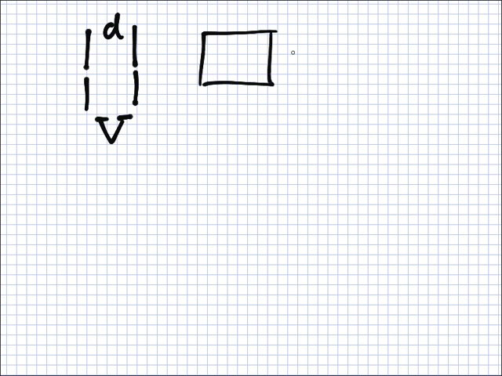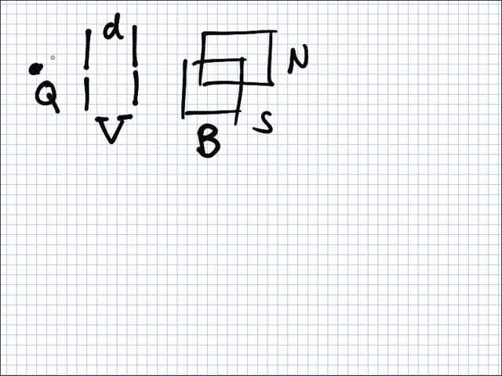So stage 1, we have to accelerate it in an electric field. So we'll say it has voltage V and a distance D. And then stage 2, we have to put it through a magnetic field, north-south, and we'll say that this magnetic field has a flux density of B. So, we'll say it begins here, Q and M, and it's at rest.